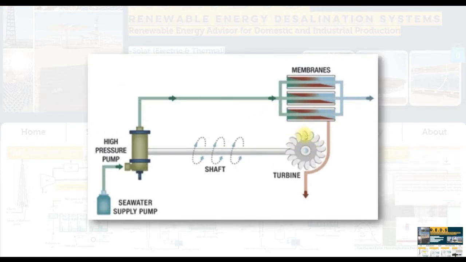We can utilize a Pelton wheel turbine with the rejected brine, because it's a high pressurized stream driven outlet from the membranes, so we can use it as a rotational fluid or power fluid or hydro fluid for the Pelton wheel turbine, in order to reduce the power consumption or the power load on the high pressure pump, because this load on the high pressure pump is considered as a load on the photovoltaics or vertical wind turbine.